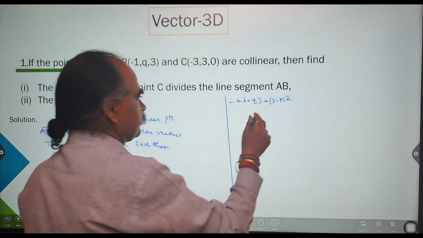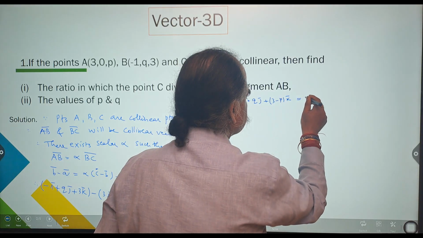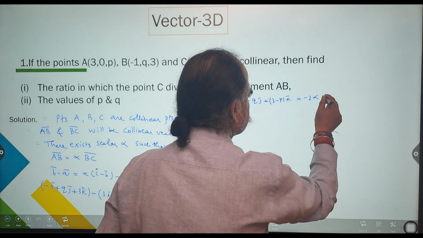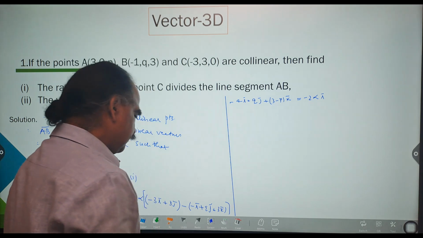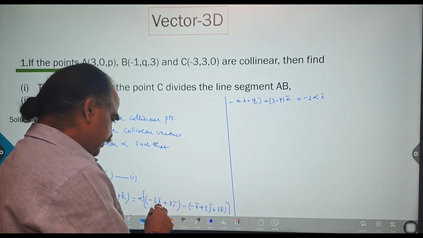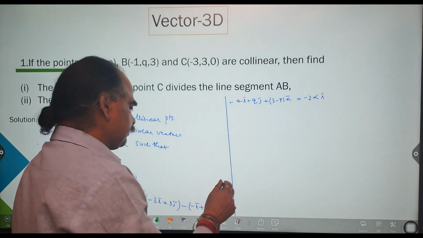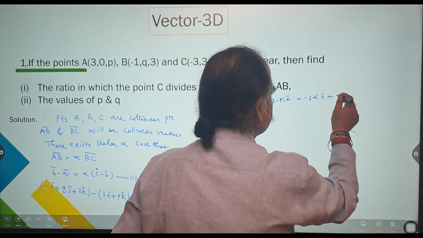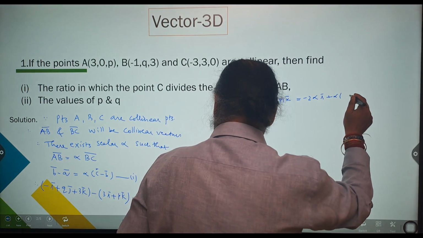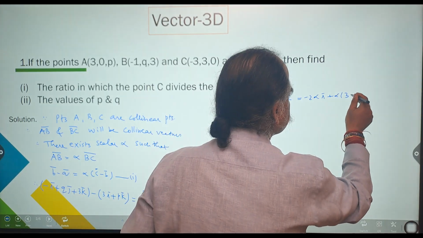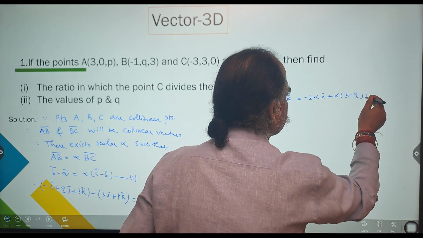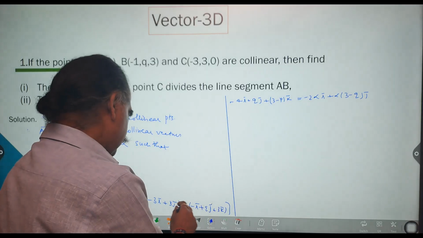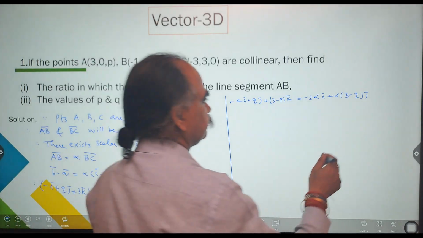Minus 2 alpha i bar, minus q j, so alpha times (3 minus q) j bar, minus 3 k alpha.